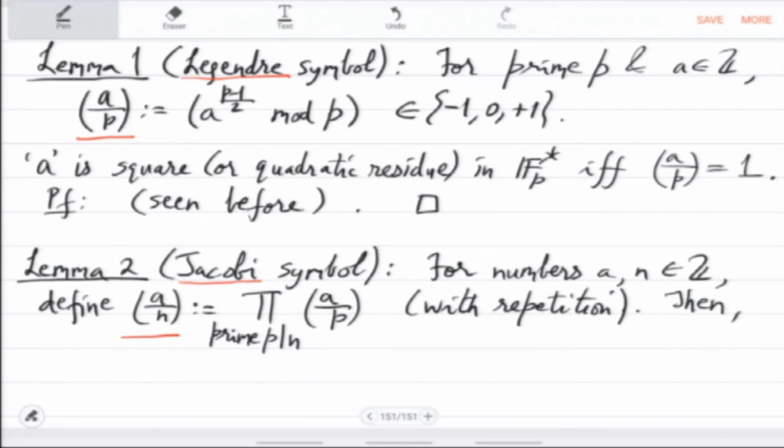So what are the properties? The first property is that it is multiplicative.